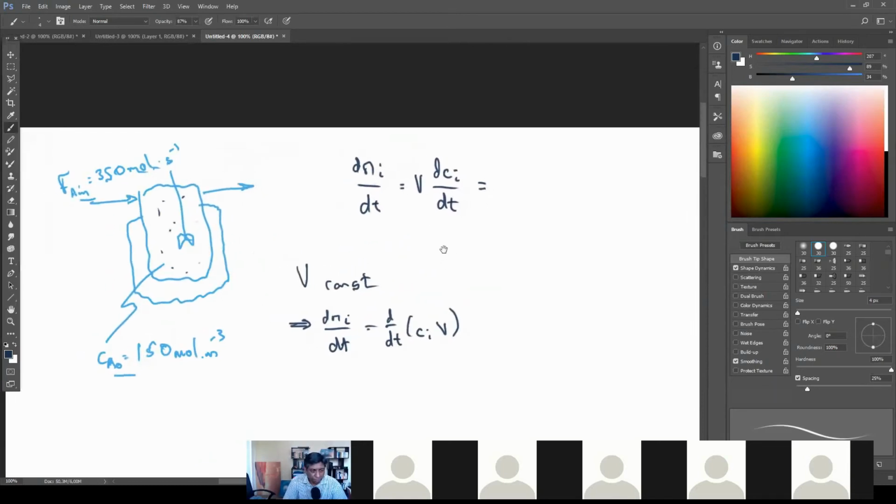And then you've got flow in and flow out. So flow in is Fi in, and then flow out is your concentration here. It's a CSTR, so the concentration at all points in the reactor is the same, including the point at the exit point.